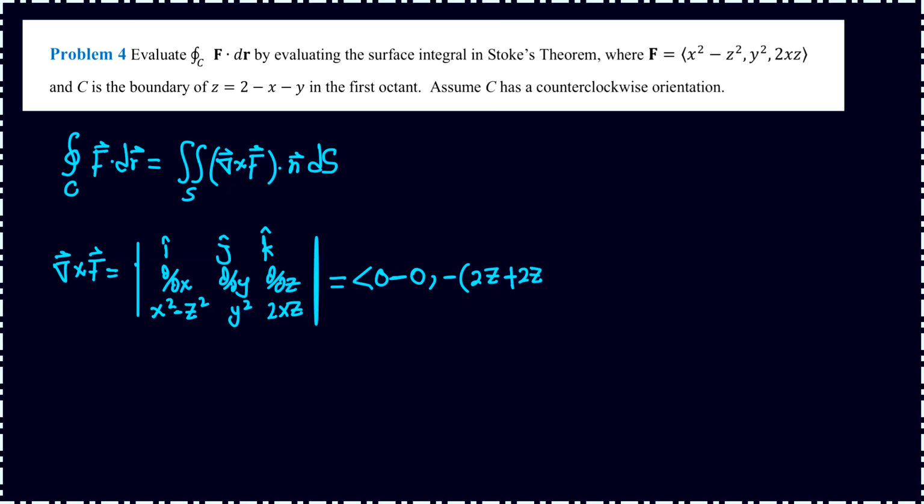I was hoping that was a 0, but it's not. And then we have the derivative with respect to x of y squared, which is 0, minus the derivative with respect to y of x squared minus z squared, that's also 0.